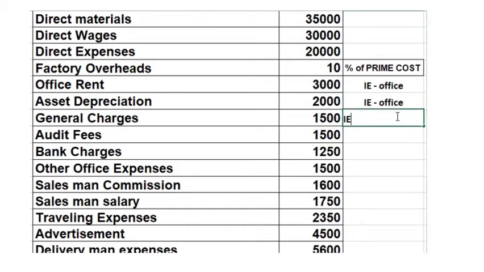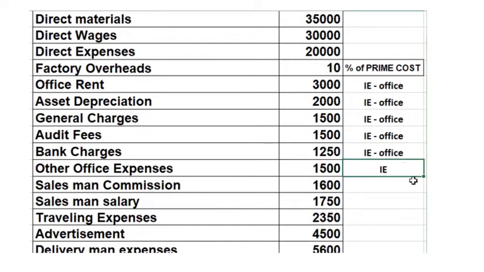Again, it is an indirect expense and it is related to office. Next, auditor's fee is again indirect expense and it is related to office. Then bank charges. Yes, again it is an indirect expense related to office. Then other office expenses is directly given and it is related to office.